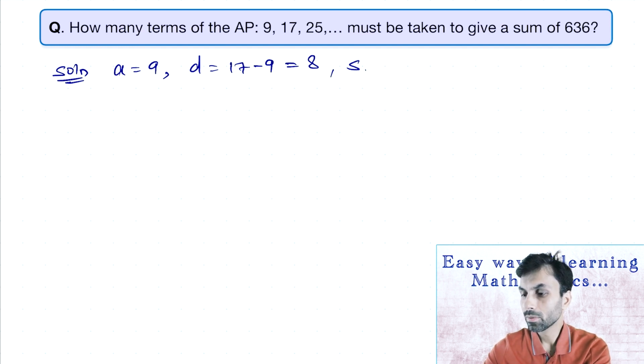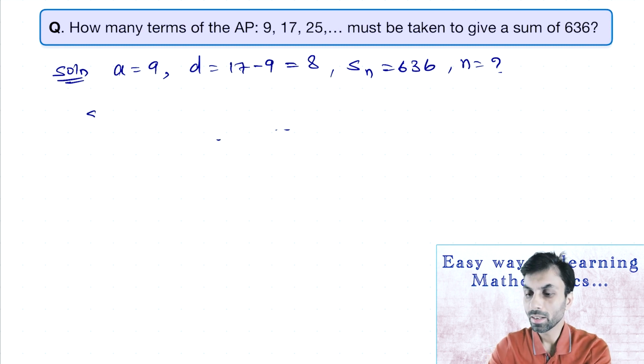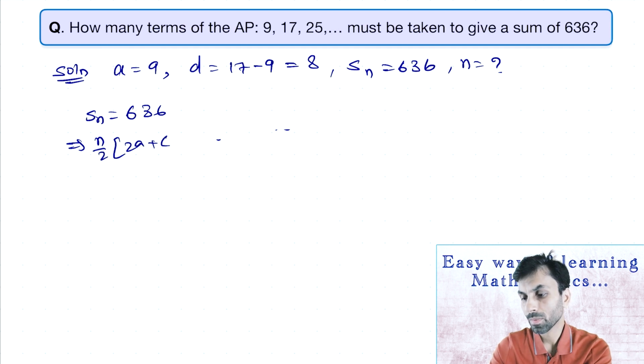The value of Sn is 636. We have to find the n value. So here we will take Sn equals 636. Sn equals n by 2 into 2a plus n minus 1 into d, which is 636.